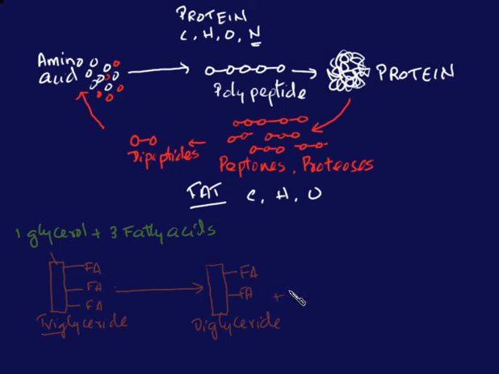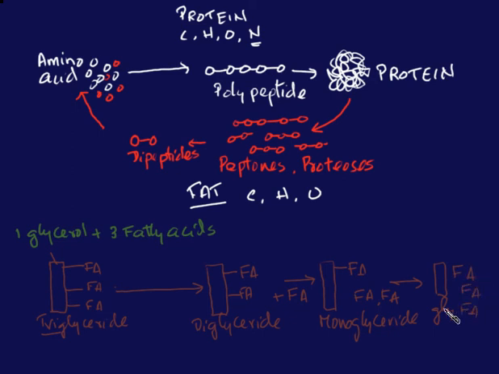That means 1 fatty acid becomes free. In the next step, it's broken down into 2 free fatty acids and 1 monoglyceride. In the next step, it's converted to a glycerol and the 3 free fatty acids.